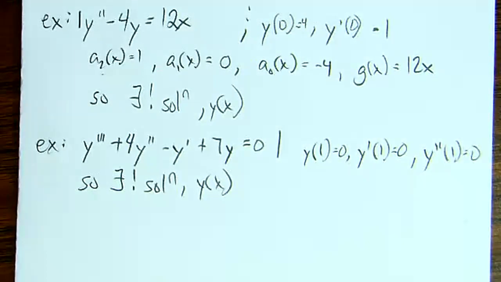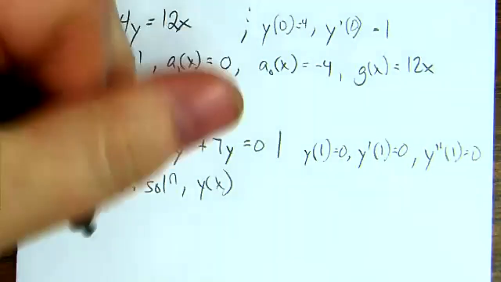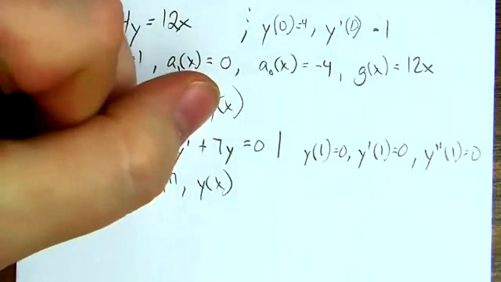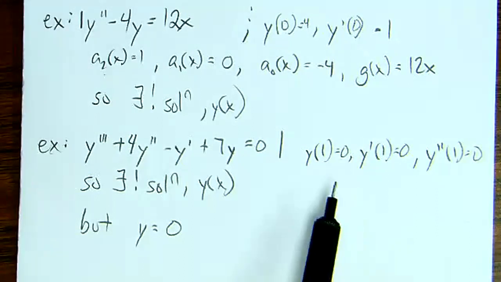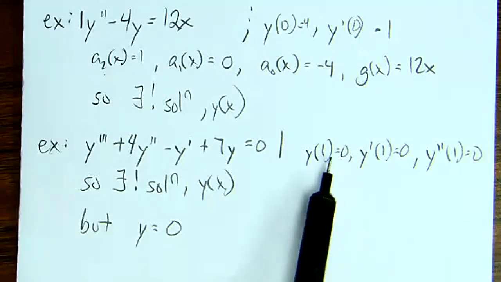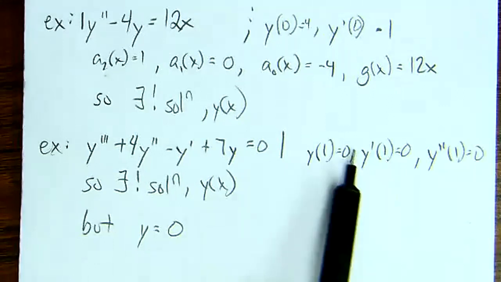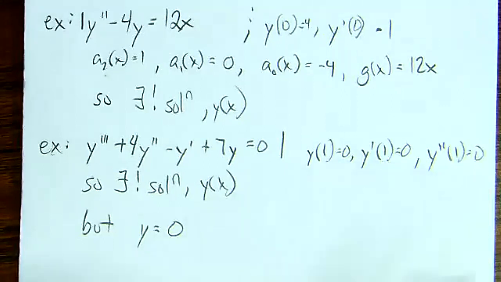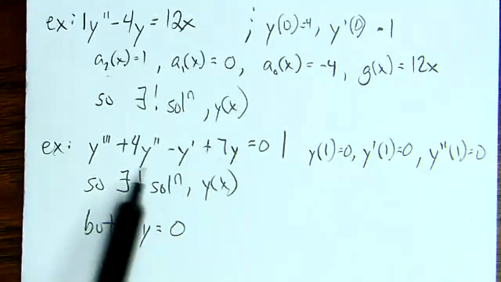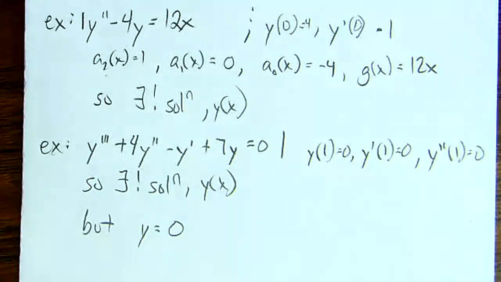Now, say someone else came along and said, if you just let y equals 0, you've met all of these conditions. The output is 0. The derivative of 0 is 0. So the output at 1 of the derivative is 0. The second derivative is 0. And if you plug in 0 to each point here, well, that is a solution to this differential equation.